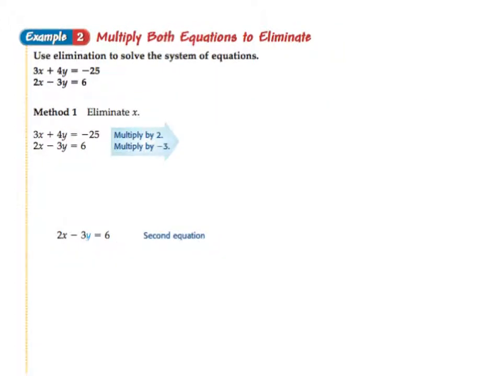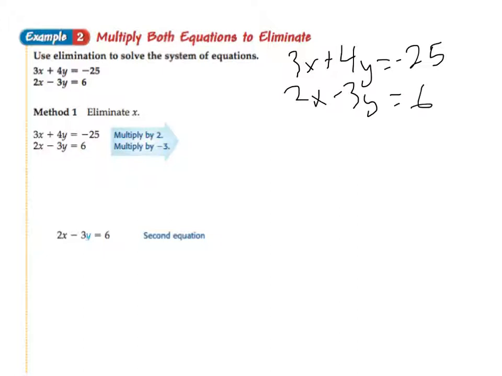For example 2, our two equations are 3x plus 4y is equal to negative 25, and then we have 2x minus 3y is equal to 6. Now in this case, again, we just cannot eliminate, right? The coefficients in front of the x are different, and the coefficients in front of the y are also different.